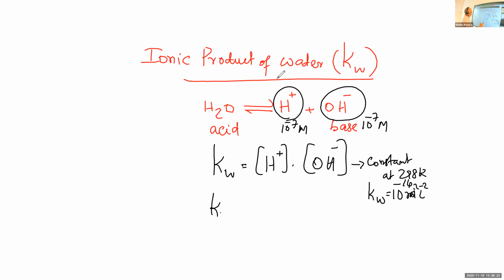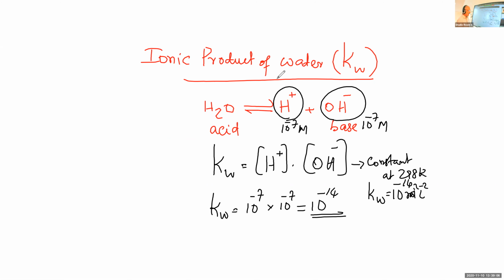Therefore, Kw is equal to the concentration of H plus, 10 raised to minus 7 molar, that is mole per liter, into the other one, 10 raised to minus 7 mole per liter. That's equal to 10 raised to minus 14 mole square per liter square, or molar square, capital M square. You remember this value, 10 raised to minus 14. So the ionic product of water at 298 Kelvin is a constant, equal to 10 raised to minus 14.